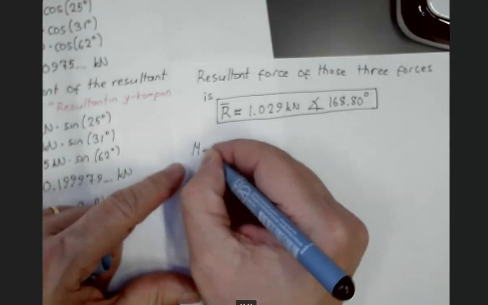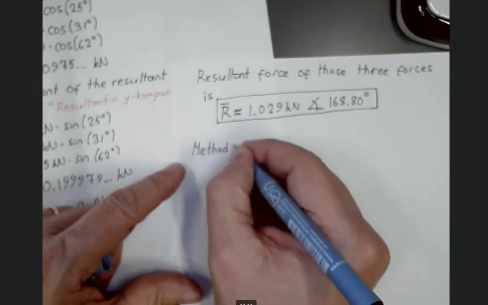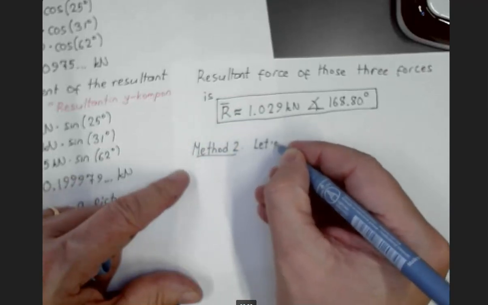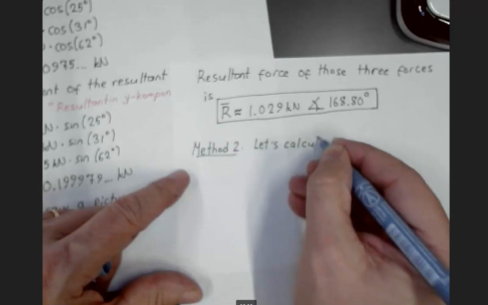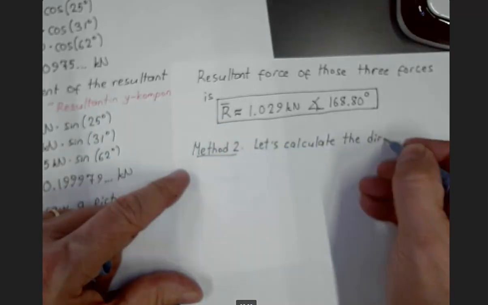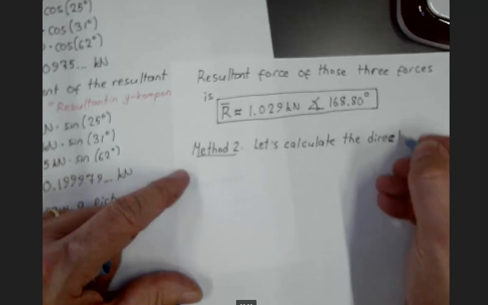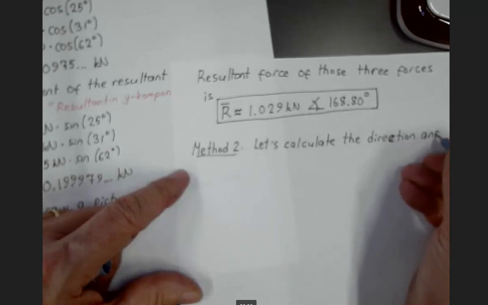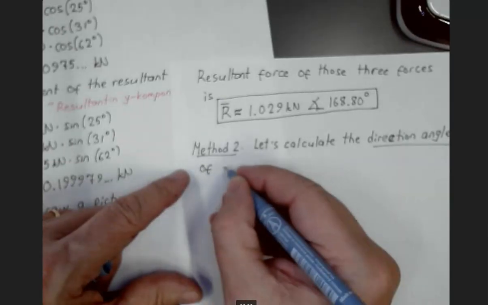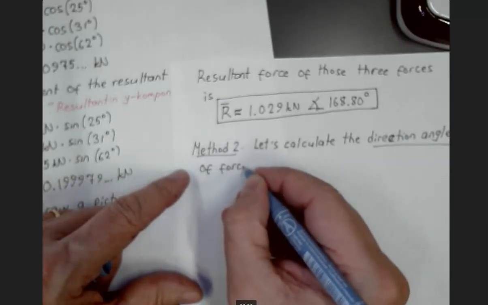So method 2 is that let's calculate the direction angles of force vectors.